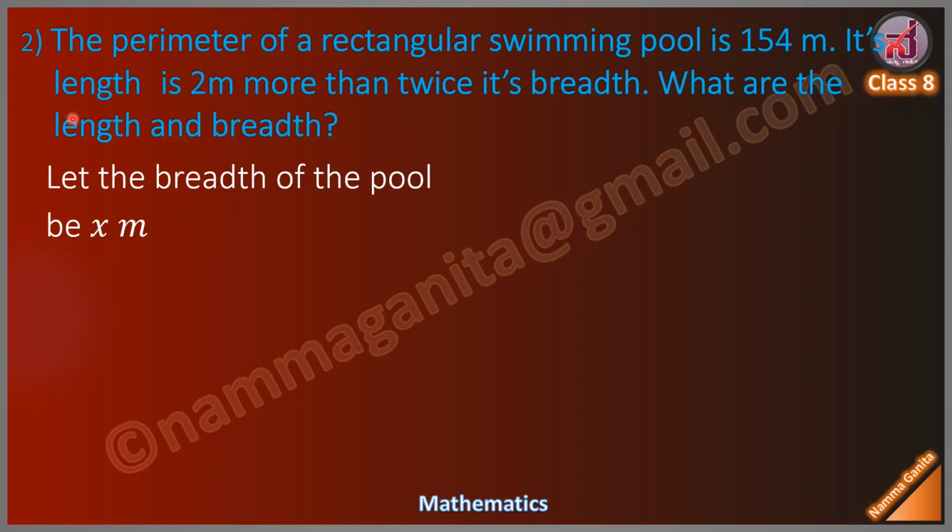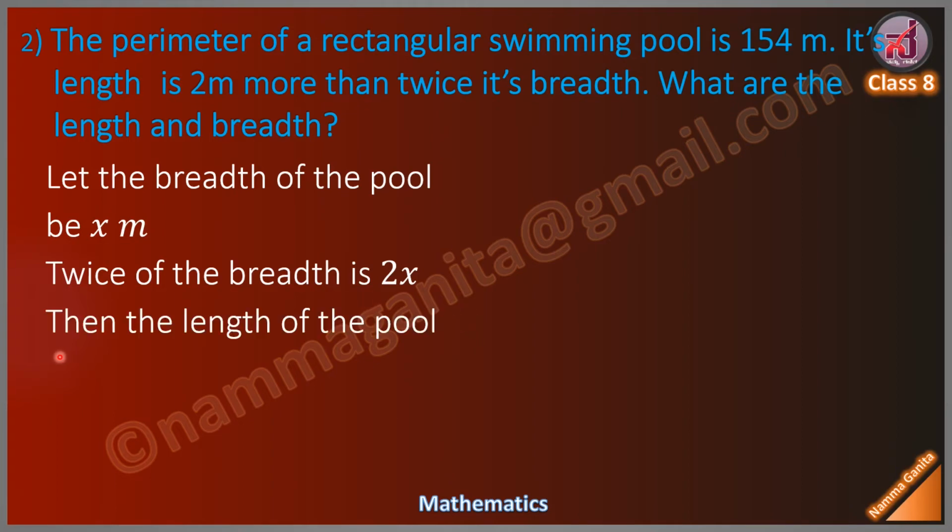Then what about the length? Its length is 2 meters more than twice its breadth. Twice the breadth is 2x. Therefore, the length of the pool is 2x plus 2 meters.